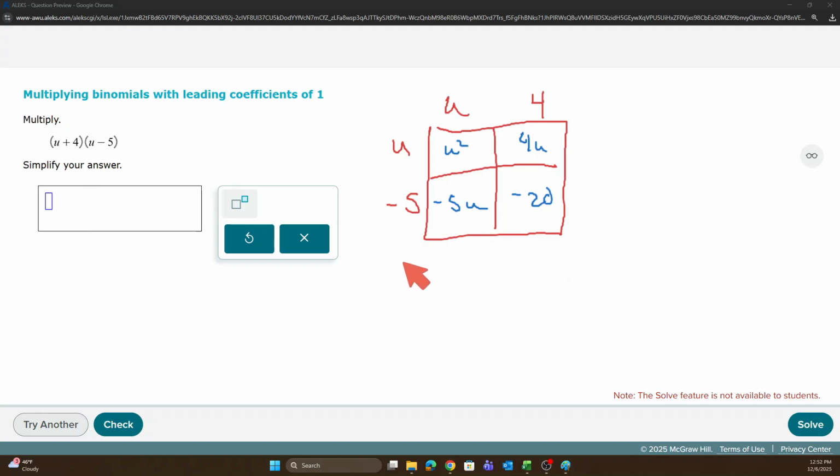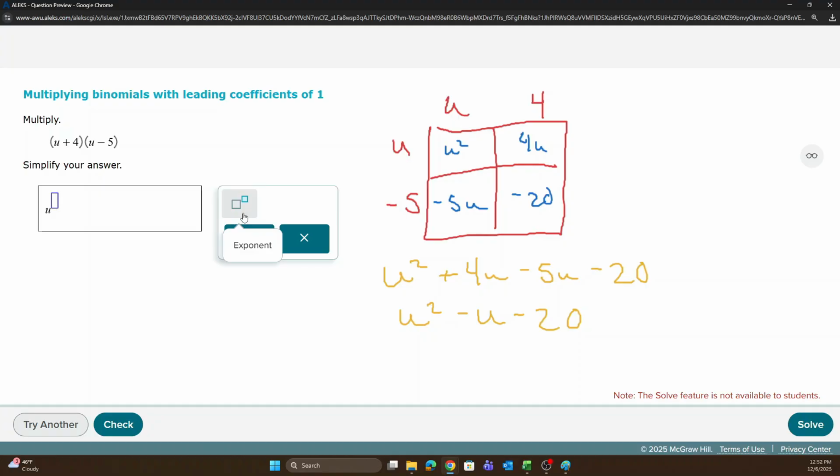Writing it all out, we've got u squared plus 4u minus 5u minus 20. This simplifies down when you combine all your like terms to u squared minus u minus 20. We're going to go ahead and put that in. U squared minus u minus 20.